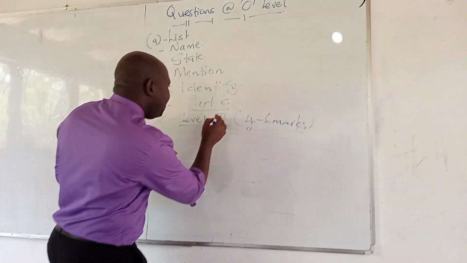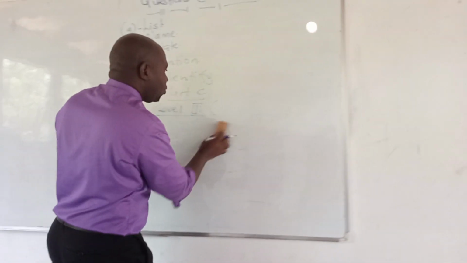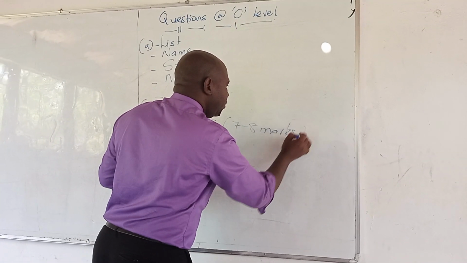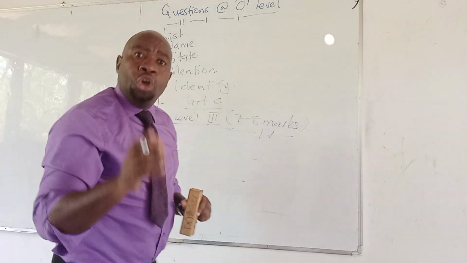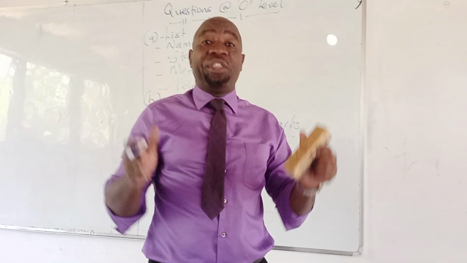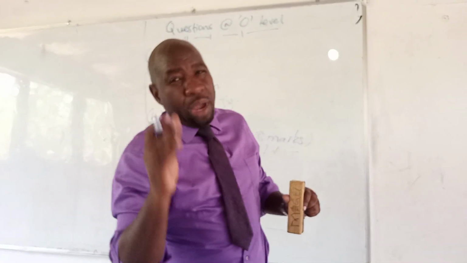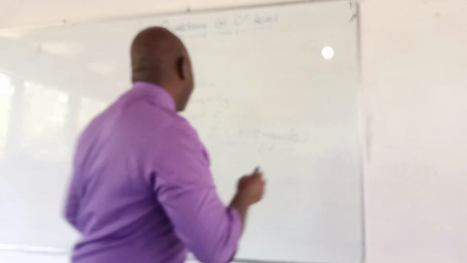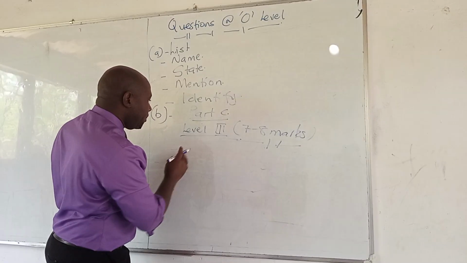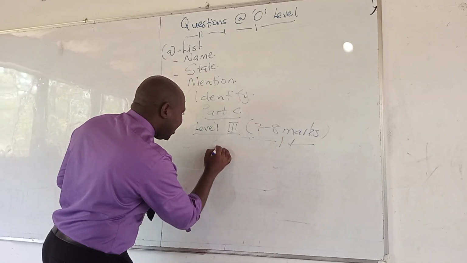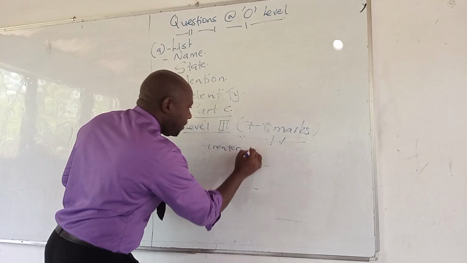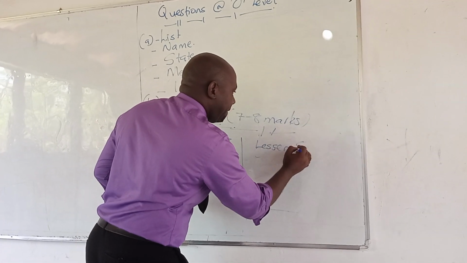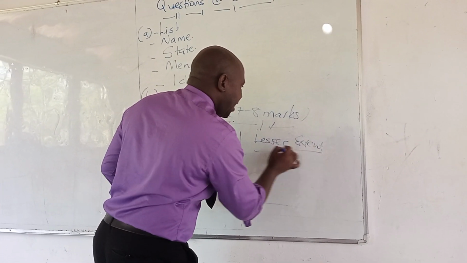Let's now go to level 3, which has 7 to 8 marks. On level 3, your answer will be thorough, well supported, and have judgment. For example, you write "to a greater extent" and then "to a lesser extent."